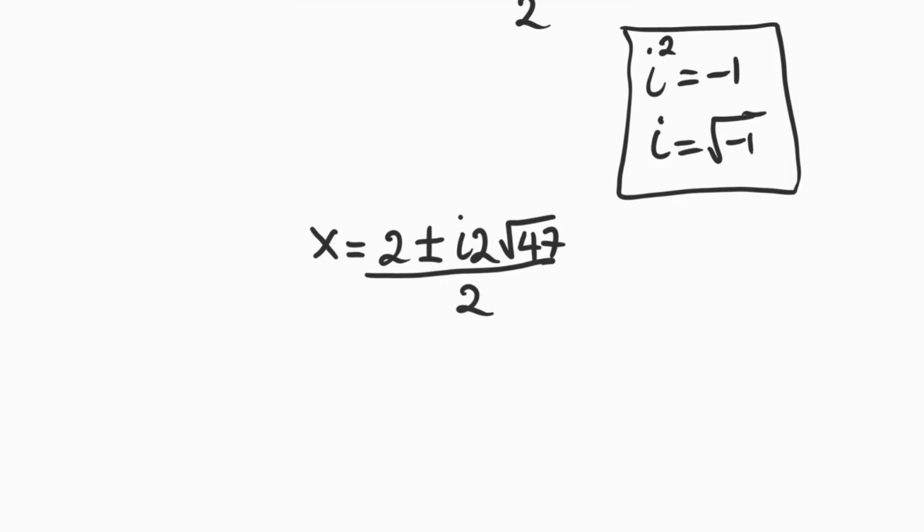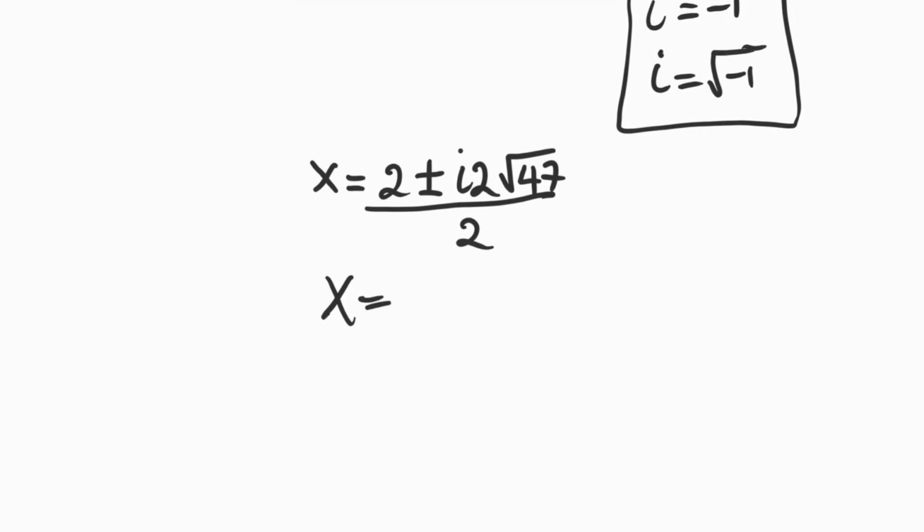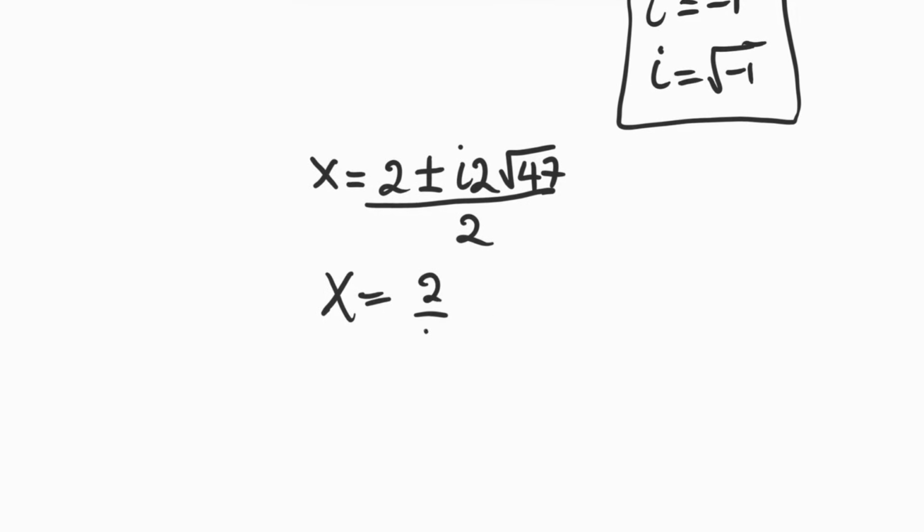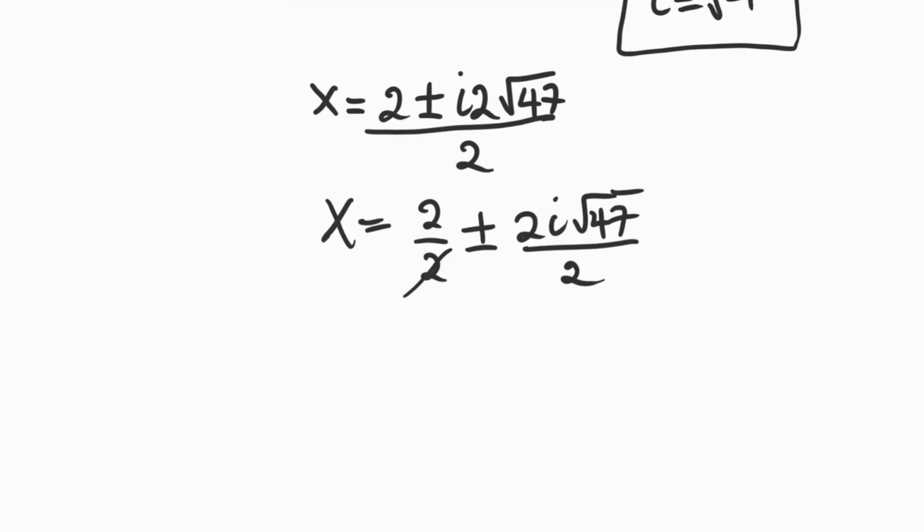Now, let's rewrite what we have here. And this becomes 2 over 2 plus or minus 2i root 47 divided by 2 as well. These cancel out.